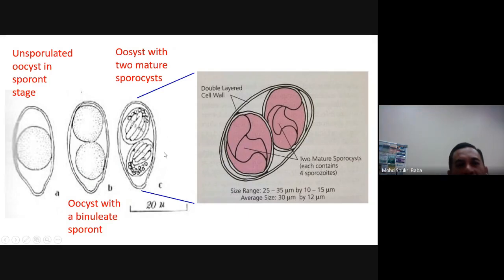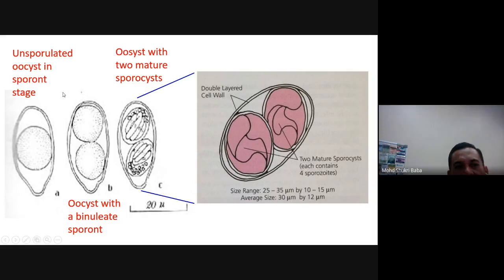Dan yang paling matang, oocyst with 2 matured sporocyst. So 2 sporocyst ni sudah pun matured, dan setiap satu matured sporocyst tu mengandung 4 sporozoid. So 1, 2, 3, 4, 1, 2, 3, 4.